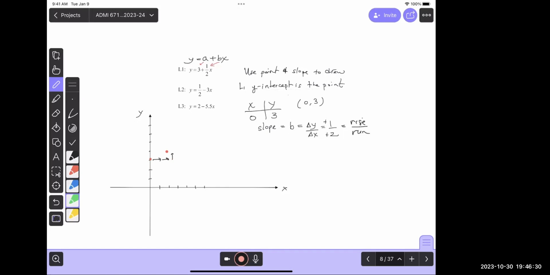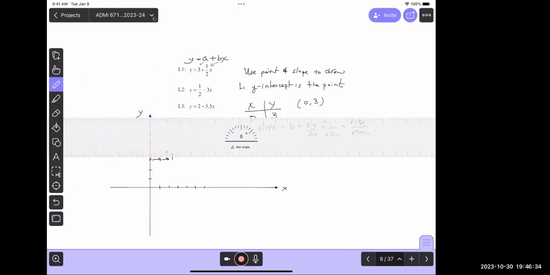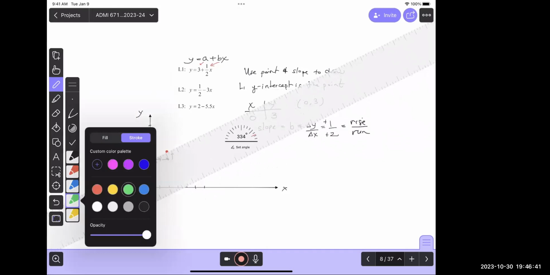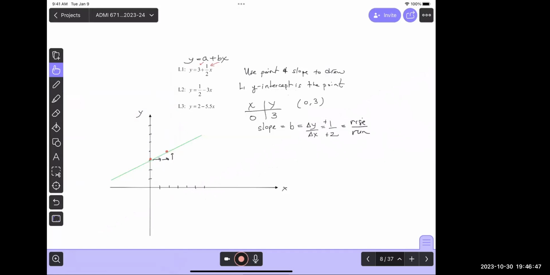Oh, I need a ruler for this. And mathematically, this line extends forever. So that's going to be line 1.